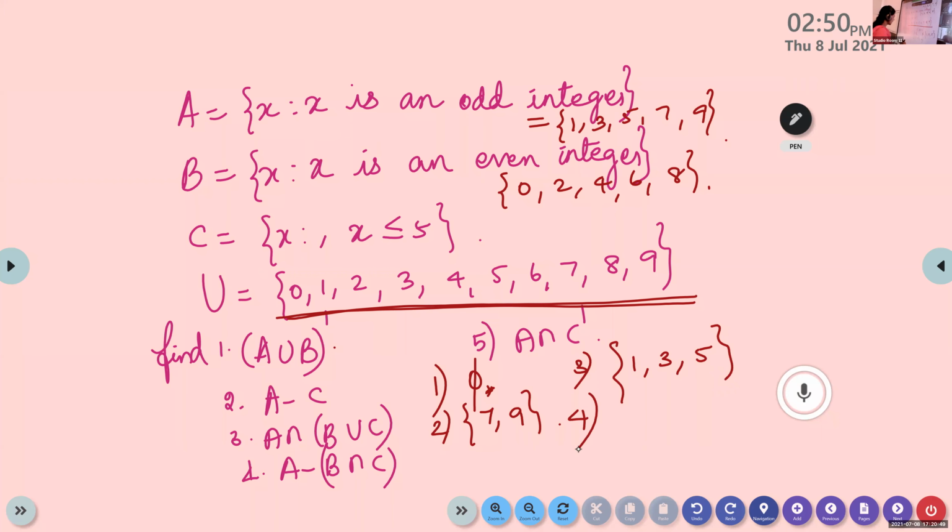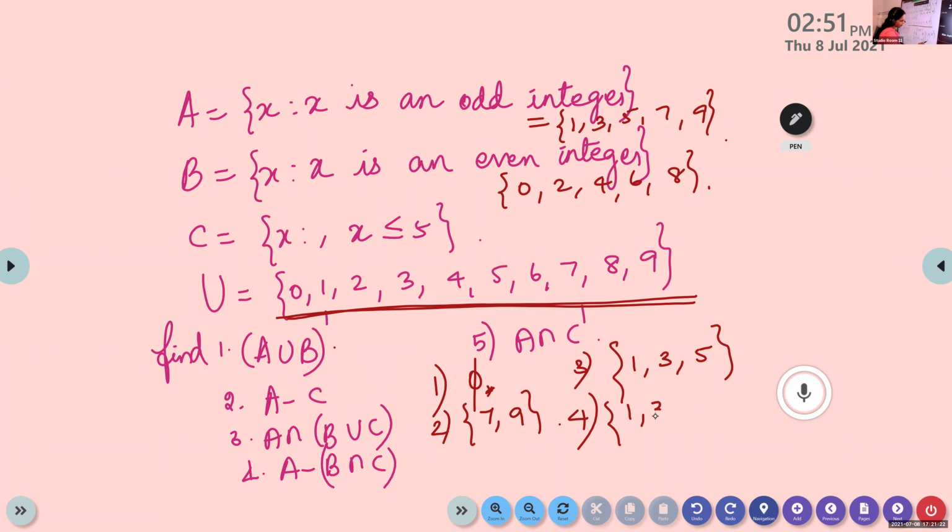And the fourth one, A minus B intersection C. Anaga, can you give the answer? 1, 3, 5, 7, 9.